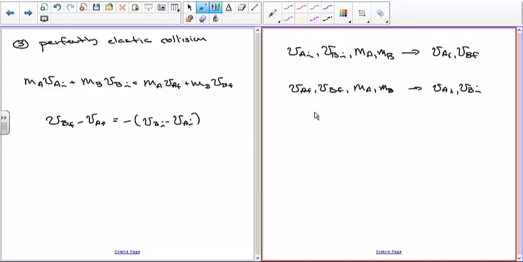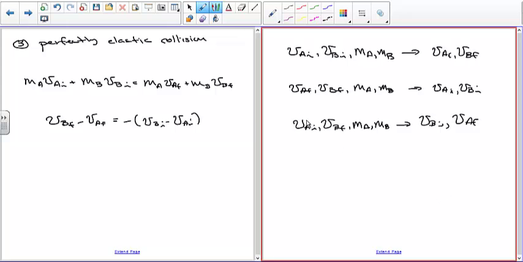Or I could give you V sub A initial and V sub B final and the 2 masses. And what I don't know is V sub B initial and V sub A final.